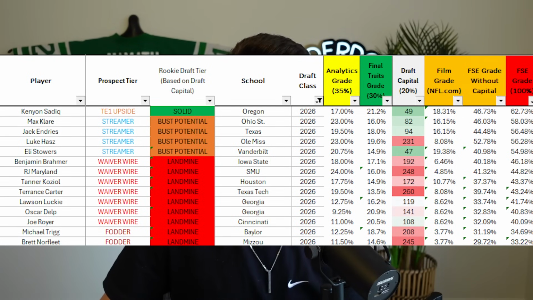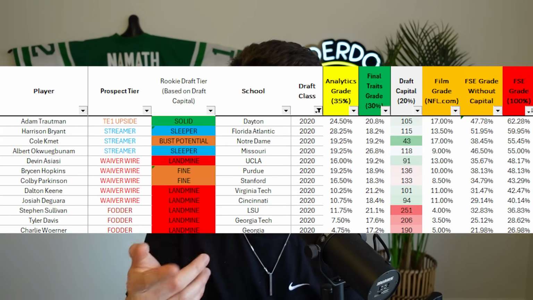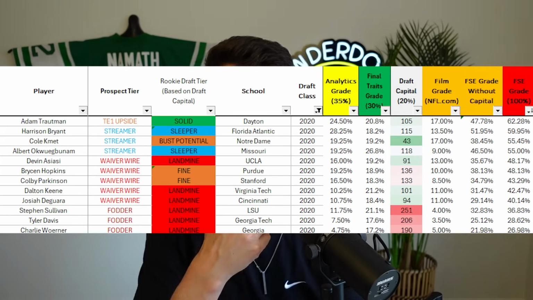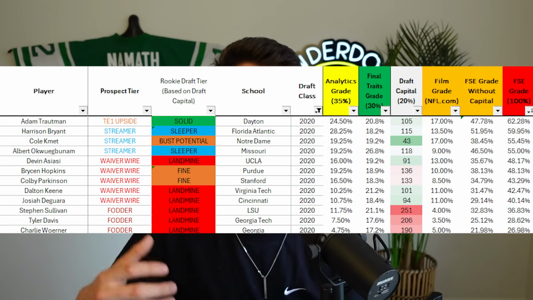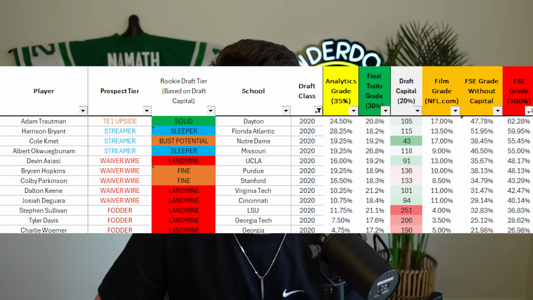The most comparable tight end class we have in terms of makeup is 2020's, which is the Adam Trautman, Harrison Bryant, Cole Kmet, Albert O type of class, which famously hasn't really produced any great fantasy producers other than Cole Kmet, really. So if you're thinking, oh, this is a terrible tight end class that it comps to, I mean, you'd be correct. It's not a very good tight end class that it comps to, but that's how it comps right now.